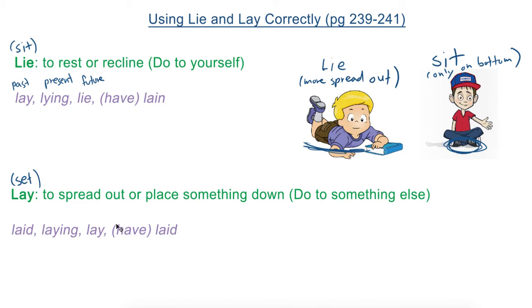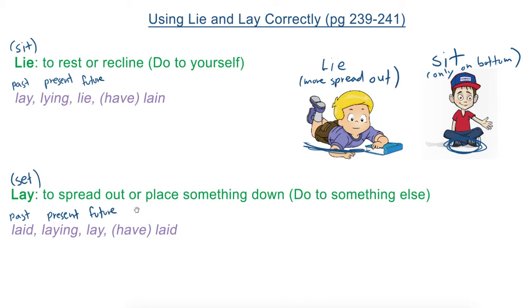Here are some examples of lay. Laid is past tense. Laying is present tense, something you're doing right now. Lay is the future tense. Have laid: if you're going to say that you've had experience, or if you're going to pair lay with the helping verb have or had, you would use the word laid.